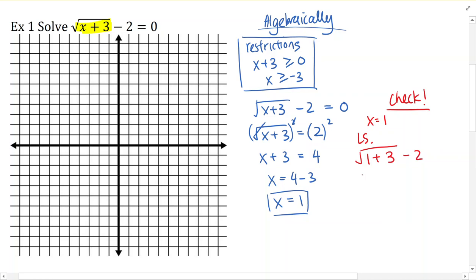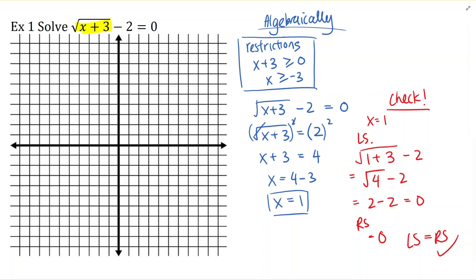This is equal to root 4 minus 2, which is 2 minus 2, which is 0, okay? And our right side was just 0. Left side equals right side. We're good. All right, let's look at the graphing method now.